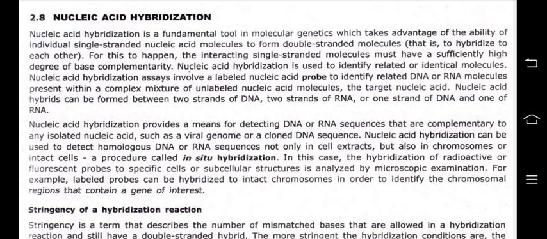Nucleic acid hybridization can be used to detect homologous DNA or RNA sequences not only in cell extracts but also in chromosomes or intact cells, a procedure called in situ hybridization. In this case, the hybridization of radioactive or fluorescent probes to specific cells or subcellular structures is analyzed by microscopic examination.